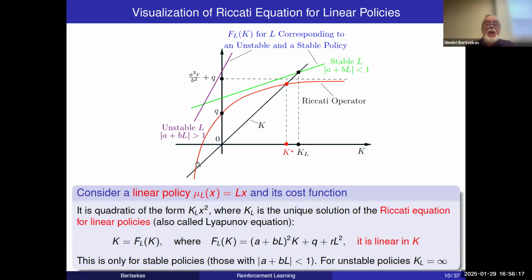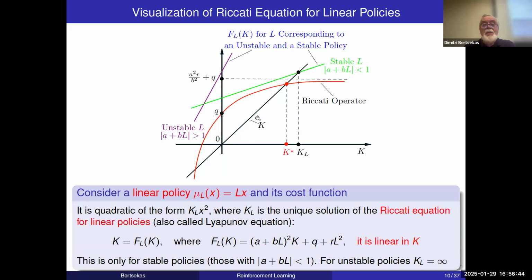So now we have this red curve, the Riccati operator for the problem, and we have these lines which correspond to policies for the problem, linear policies. How are they connected? Of course, all these lines lie above the red line because these are suboptimal policies. They don't minimize anything.